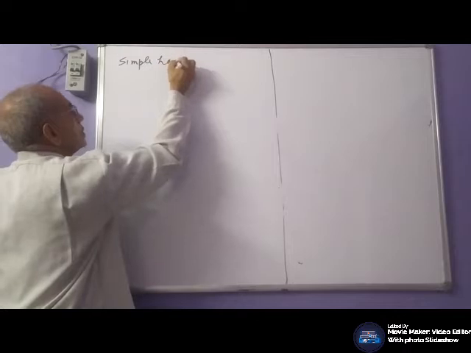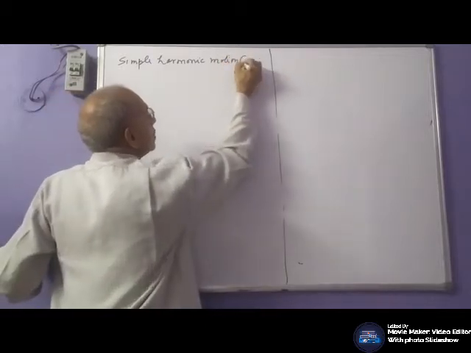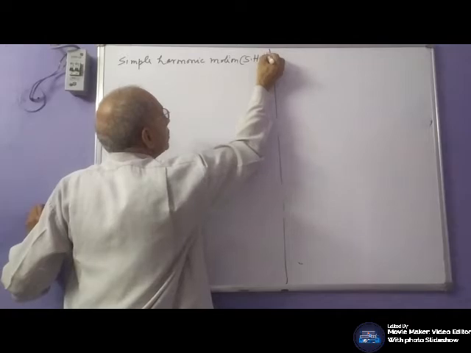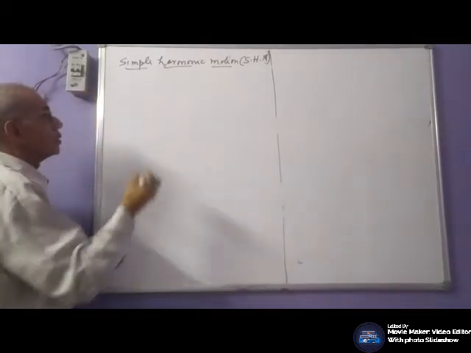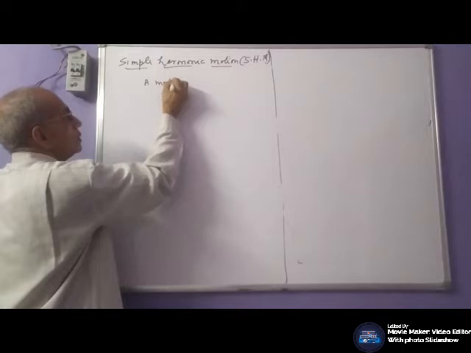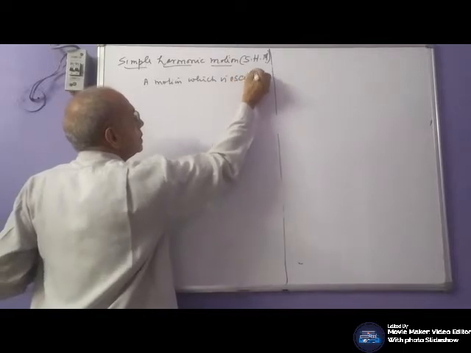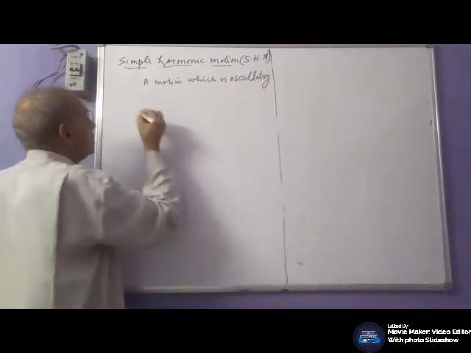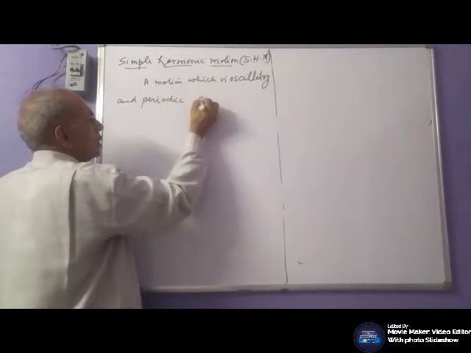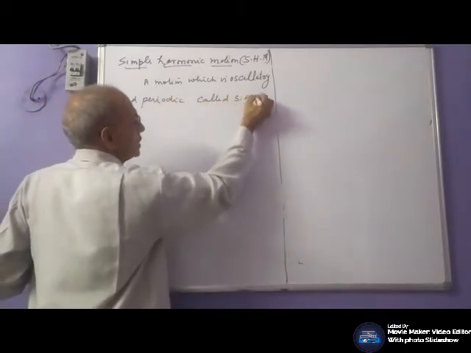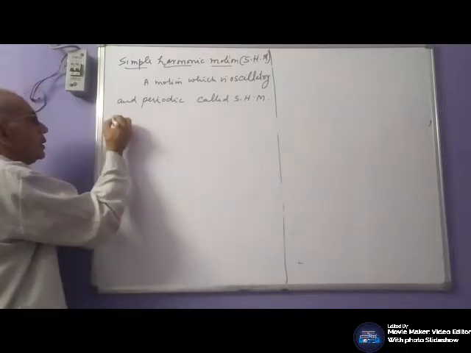Simple harmonic motion, S.H.M. A motion which is oscillatory and periodic is called S.H.M. S.H.M means both things, oscillatory as well as periodic.